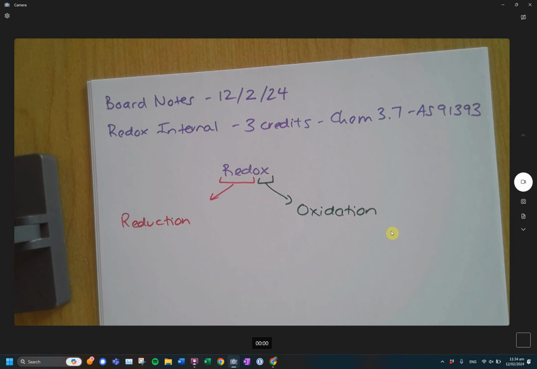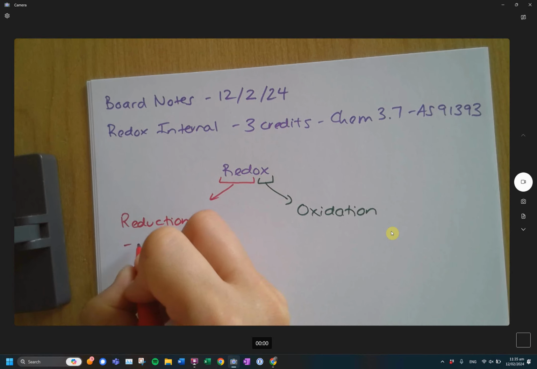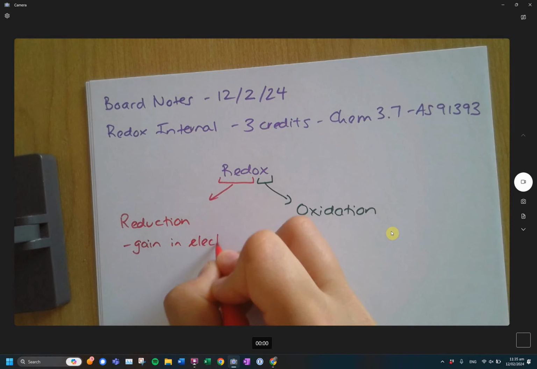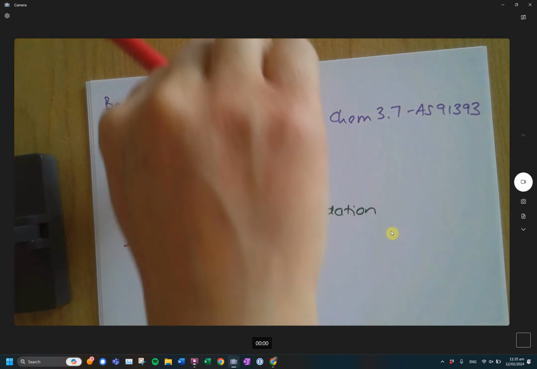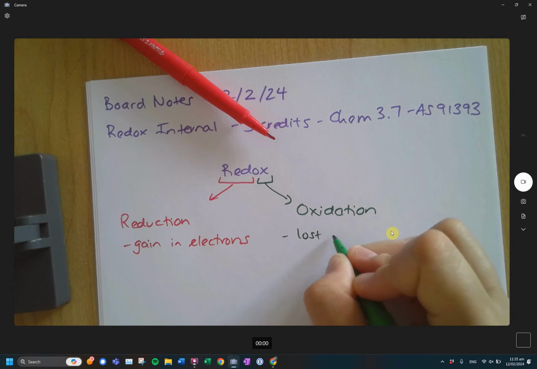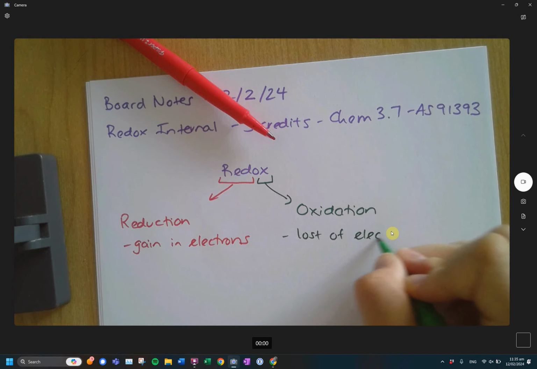Eventually, we realized that with these redox reactions, we are seeing some sort of transfer of electrons. So when we're thinking about reduction, we are thinking about a gain in electrons. When we are thinking about oxidation, we are talking about a loss of electrons.